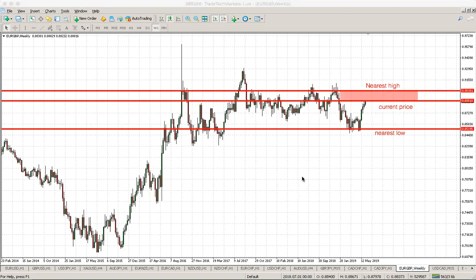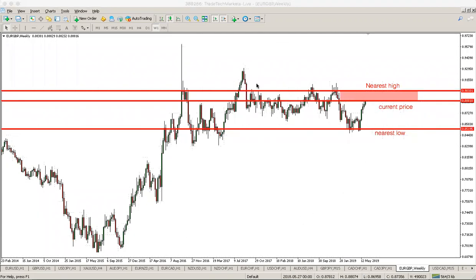It's going down tomorrow, guys. So we know we're heading towards that point there. How many pips? From that point to that point, 120. So we'll be looking forward to take that.